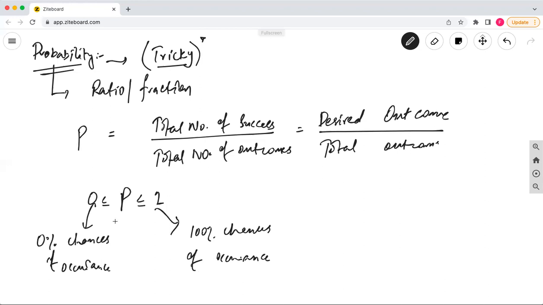In between, in decimal form, we have, for example, 0.24. That means there is a 24% chance of occurrence of that event.